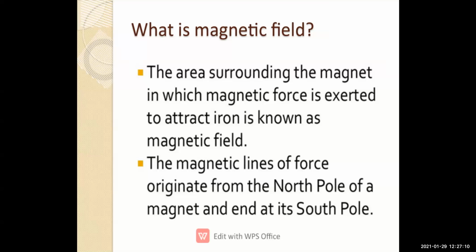Whatever materials or iron filings are present in the surrounding will be attracted at these two ends only. The iron filings will not get attracted towards the middle of the magnet. They will get attracted towards the north pole or south pole, at the ends of the bar magnet.